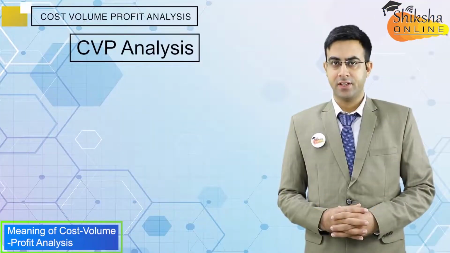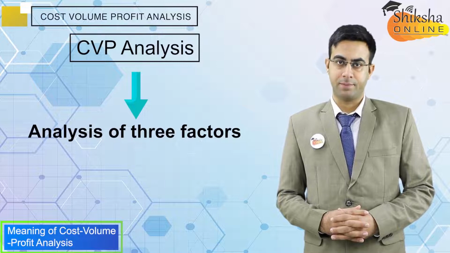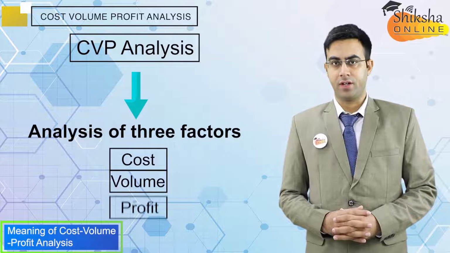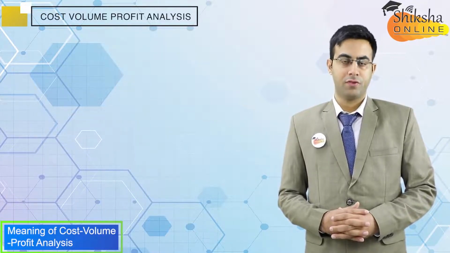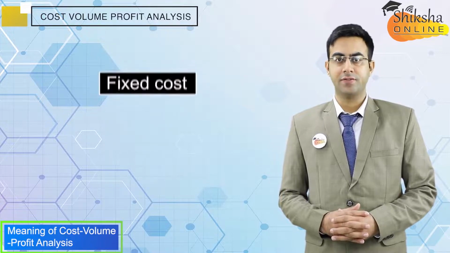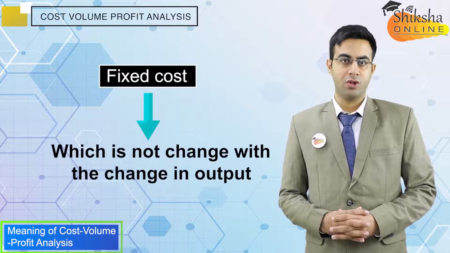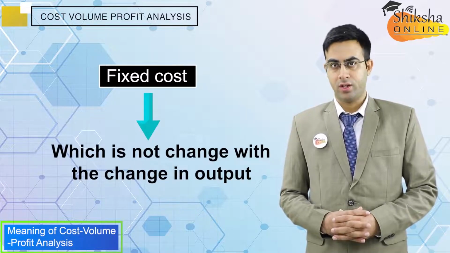As the name suggests, CVP analysis means analysis of three factors, that is cost, volume and profit. So let's understand one by one. First of all, we will understand what is fixed cost. Fixed cost means cost which does not change with the change in output.